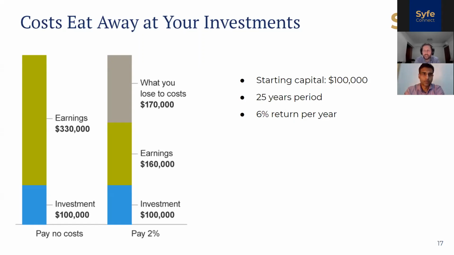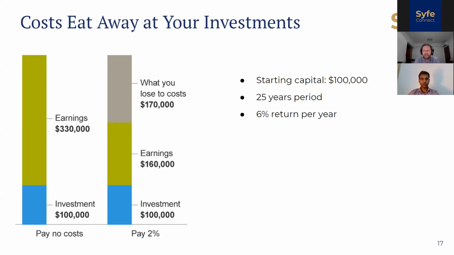So in this case on the right, the costs of the 2% fees add up over the 25-year period to, in this particular example, $170,000. That represents about half of your returns if you were to do that with minimized or no costs.